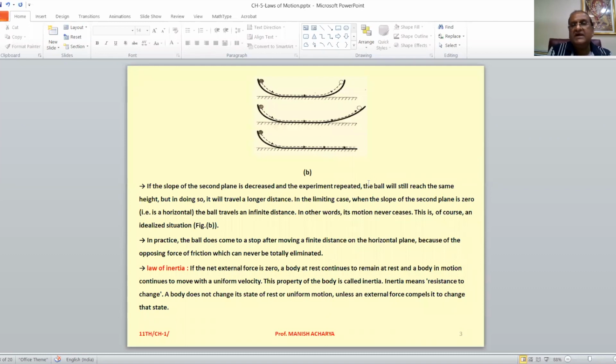The law of inertia says that if the net external force on the body is zero, net external force meaning the vector summation of all the forces acting on the body, then if the body is at rest, it will remain in the resting position, and if the body is in motion, then it will continue to move with constant velocity.